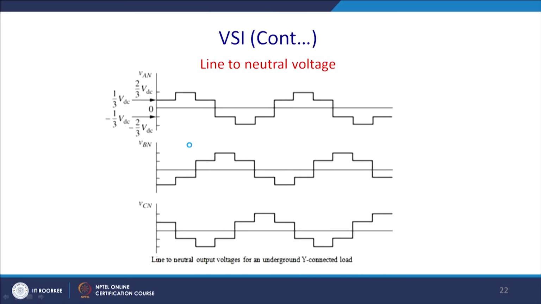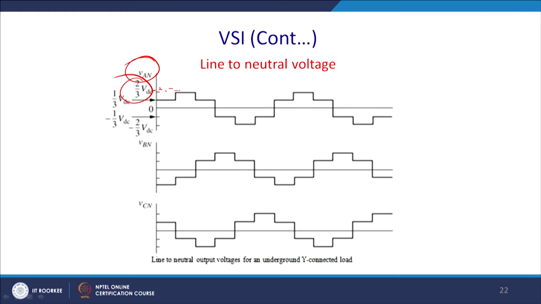Now, you can see one thing. This voltage is essentially 2/3 of the DC bus voltage, and this is the line to neutral voltage.